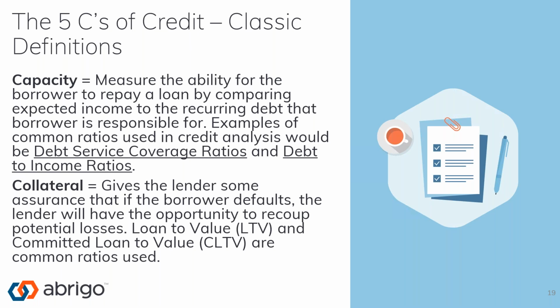Collateral is another important one, and I'm going to talk about save and pay strategies here in a minute, but collateral is really a save strategy, which means it gives the lender some assurance that if the borrower defaults, you at least have the opportunity to recoup potential losses. And that's why a lot of times when you look at risk-based pricing models, the lower the LTV, the better the pricing, right?